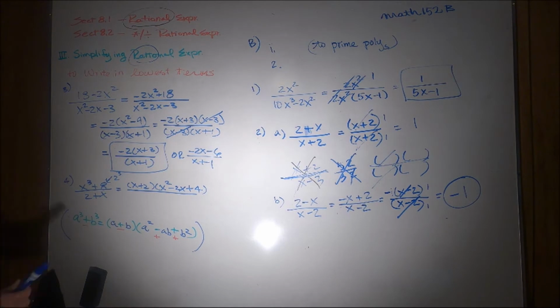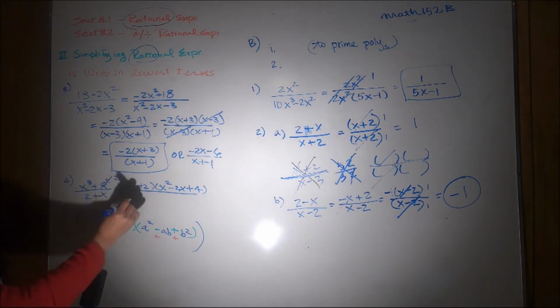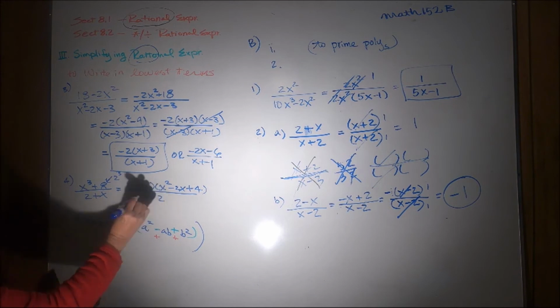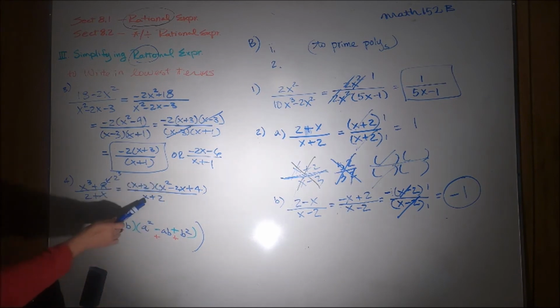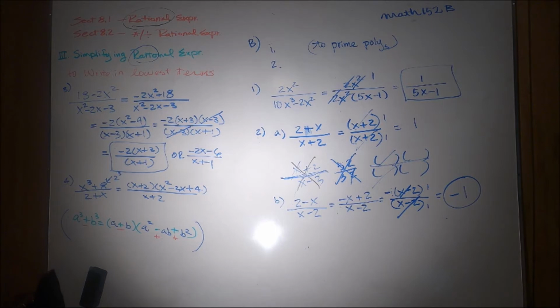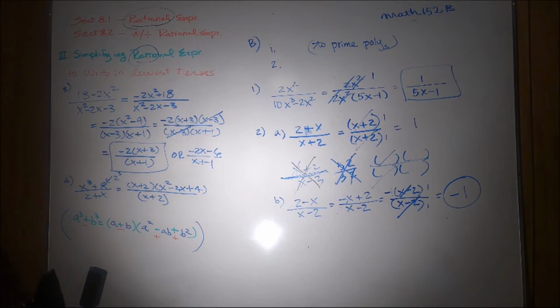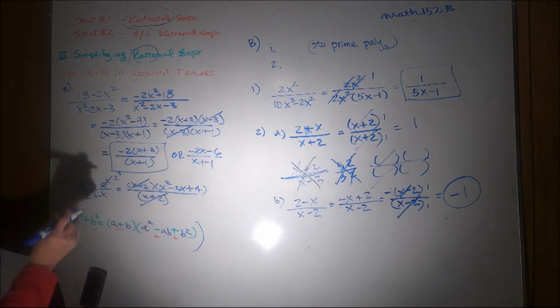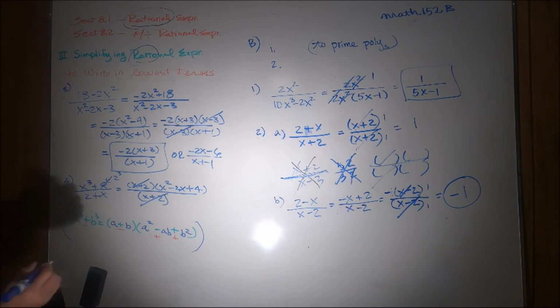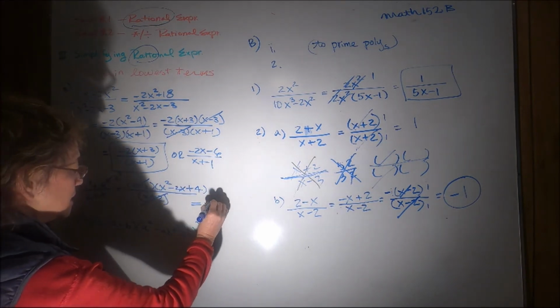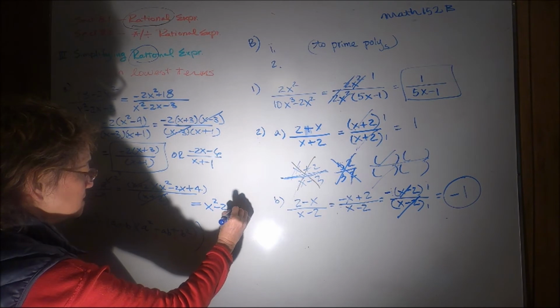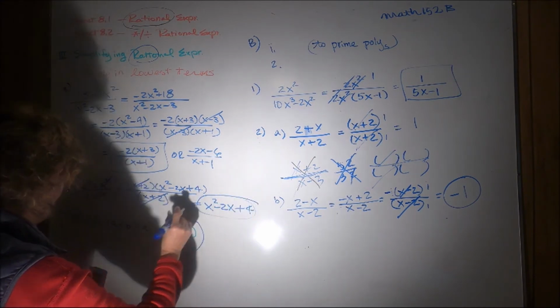The bottom one, 2 plus x, is the same thing as x plus 2. Is x plus 2 a prime? Yes. So put a parenthesis around it. Now you can cross cancel those. So your answer should be x squared minus 2x plus 4.